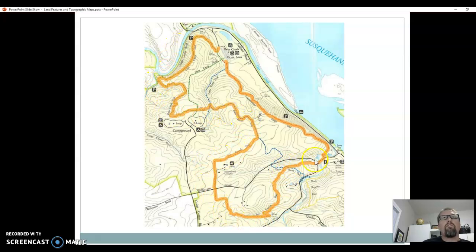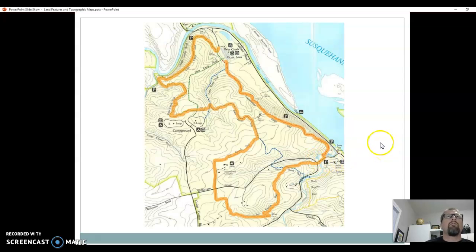If you followed this orange line, you should be able to tell what kind of features were coming up, where the hills would be, where there are places you'd recover because there's not much elevation change, where there's downhills, where there might be a stream crossing. If you could follow that around and really just read the topographic map.